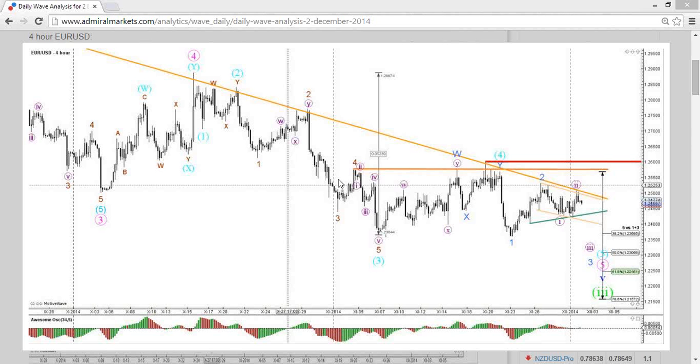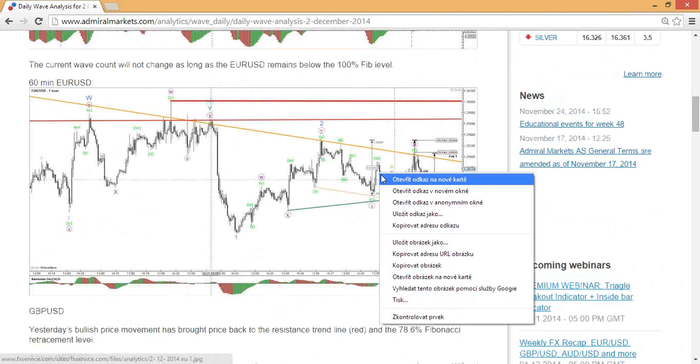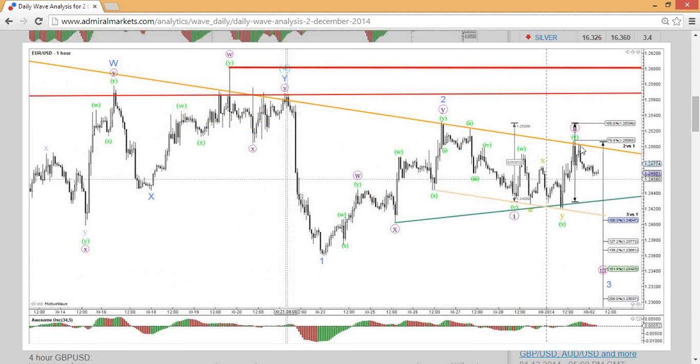But anyhow, within wave 5, basically, we're probably going to be in a wave 1 because it's impulse, and this was correction, wave 2, and now we're in a wave 1, and again in a wave 2. So we're probably going to have an acceleration here to the downside looking at this particular Eurodollar. If you look at the 1-hour chart zoomed in, you can see that I expected the wave 2 to be completed here, the purple 2.